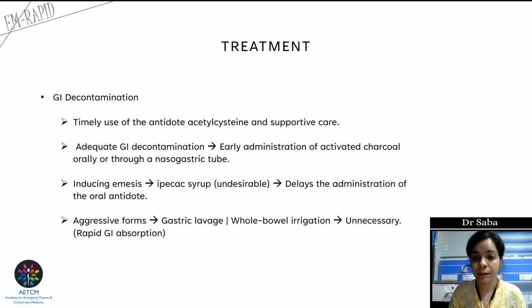And if you remember, within 30 minutes to 2 hours, it gets rapidly absorbed, and peak concentration of this drug will be reached in the body, which is why aggressive forms will not be that effective or will not be necessary. So GI decontamination, preferably early administration of activated charcoal, either orally or through NG tube, is what is recommended.